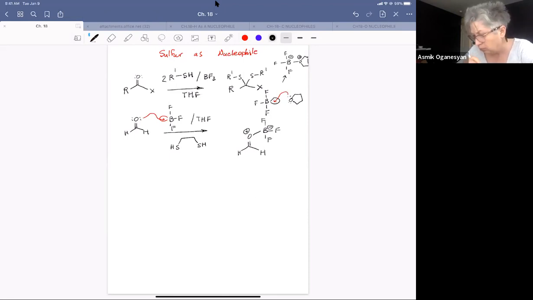Okay. And now it's more reactive. And sulfur can attack the carbonyl carbon, and the bond to oxygen will open up.